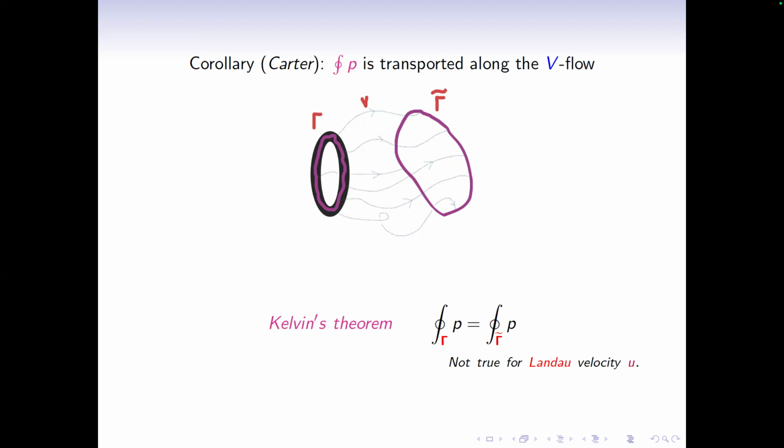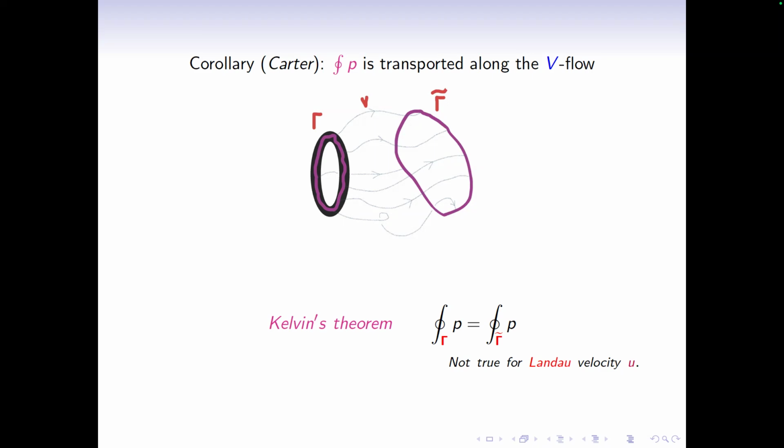But the reason Carter introduced this vector field V and called it canonical was that he observed in a complicated way that the circulation of momentum is preserved by the canonical flow. So this is not true for Landau velocity. If you transport the contour using the vector field U, it will not preserve the circulation.